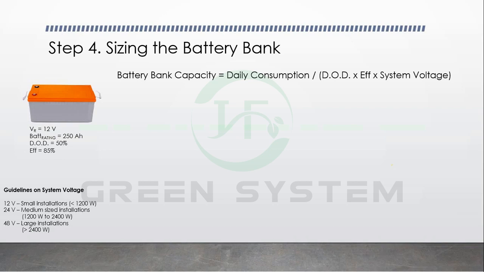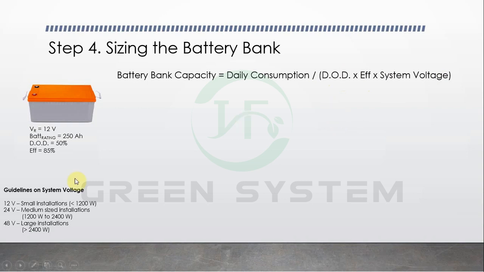The battery bank capacity depends on 4 factors, namely the daily power consumption, which we have calculated in the previous slide, the DOD, or the depth of discharge of the battery, the efficiency of the battery, and the system voltage. The system voltage primarily depends on the user.